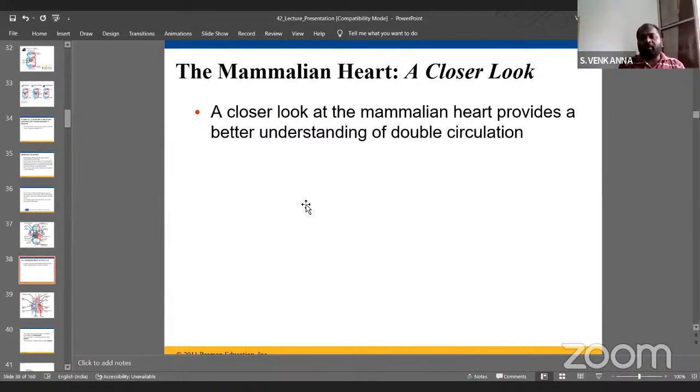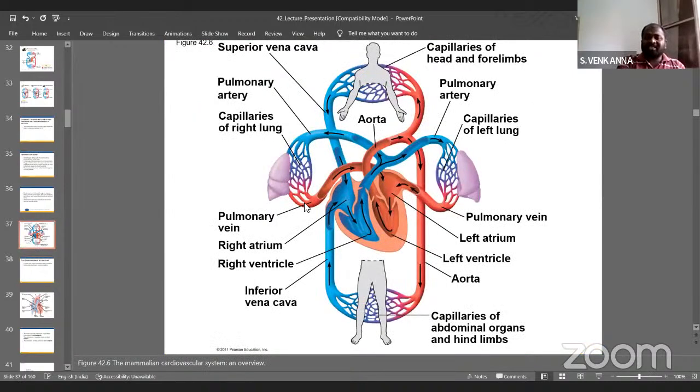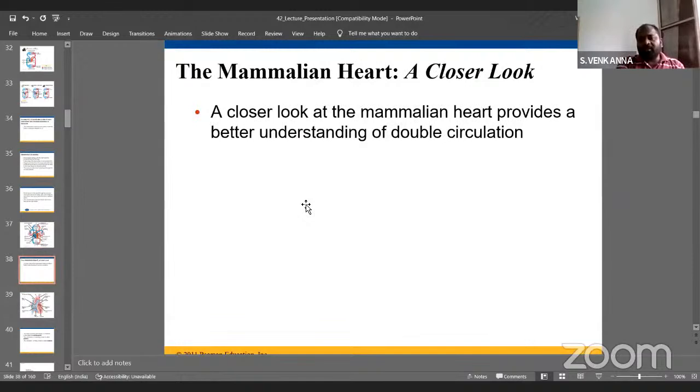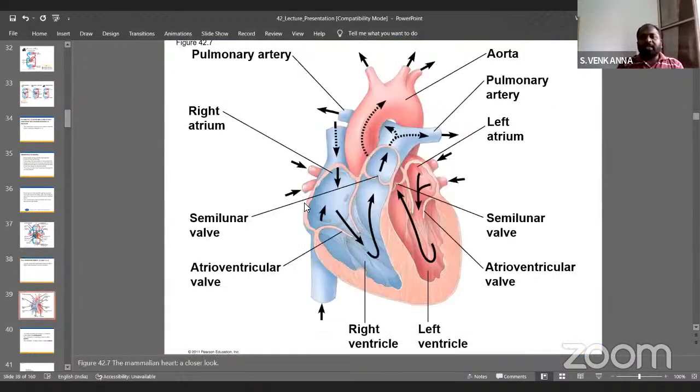A closer look at the mammalian heart provides a better understanding of double circulation. This is the double circulation of human beings. In this clear image of the heart, we see the left atrium, right atrium, pulmonary artery, and aorta.